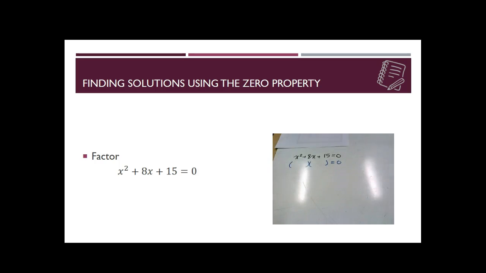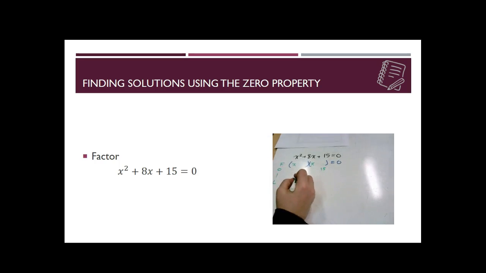So in order to do that, I'm going to use that same process as before and figure out what options I could use. To get x squared here at the beginning, there's only one option, x times x. But now to get 15 here, remember it's that FOIL acronym. So to get my lasts to 15, I have some options. I could use 1 and 15.